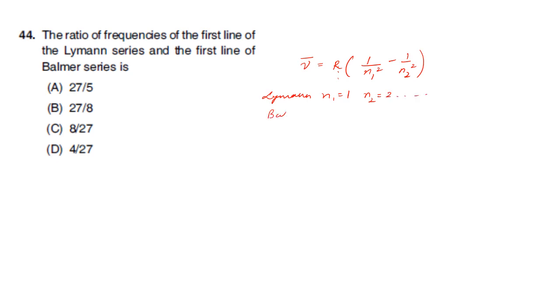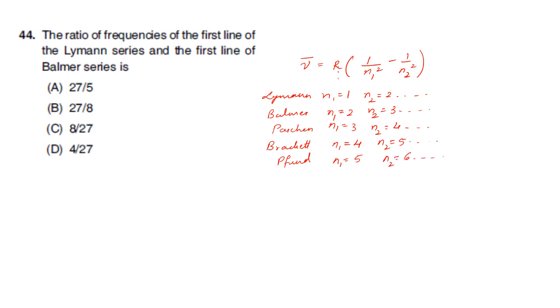And for Balmer, n1 is 2, n2 starts from 3. For Paschen series, n1 is 3, n2 starts from 4. Then for Brackett, n1 is equal to 4 and n2 starts from 5. And Pfund series, value of n1 is equal to 5 and n2 runs from 6.